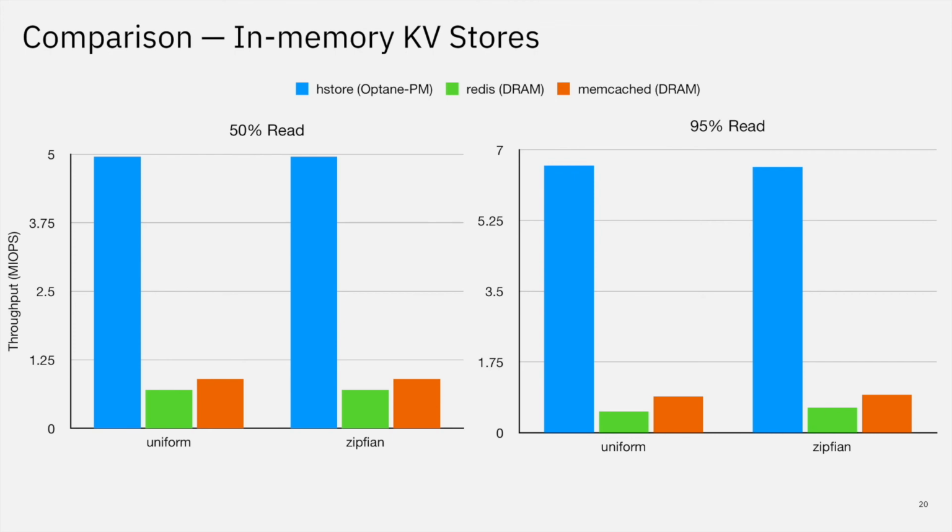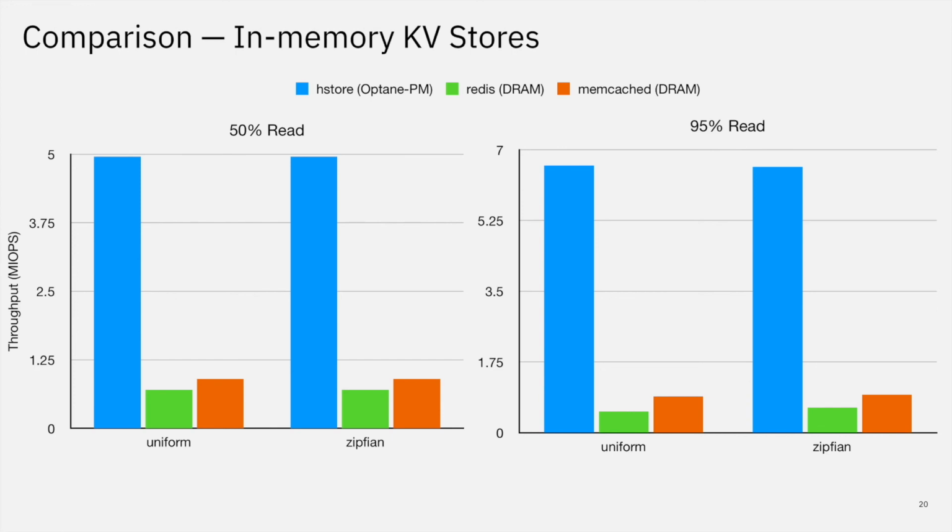Here we use the YCSB benchmark with Zipfian distribution and compare both 50% read and 95% read workloads. We see that MCKVS with Optane PM outperforms Redis and memcached by up to 10 times. Redis and memcached show a similar throughput for both workloads, while MCKVS shows a better performance for 95% read workloads.